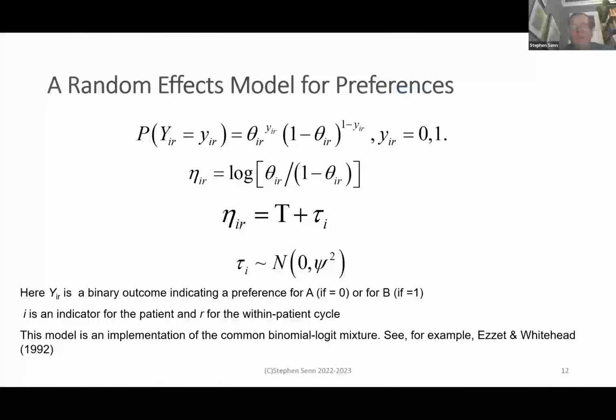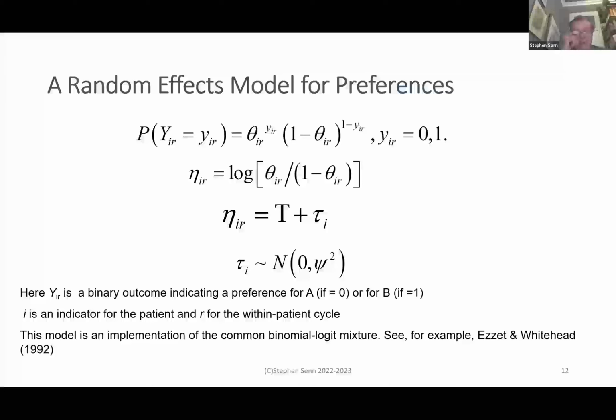So we're going to assume that we have a logistic type response. Y_ir is an indicator value recording whether amitriptyline or placebo is preferred, i for the patient, r for the cycle for that patient, and it can take on the value 0 or 1.